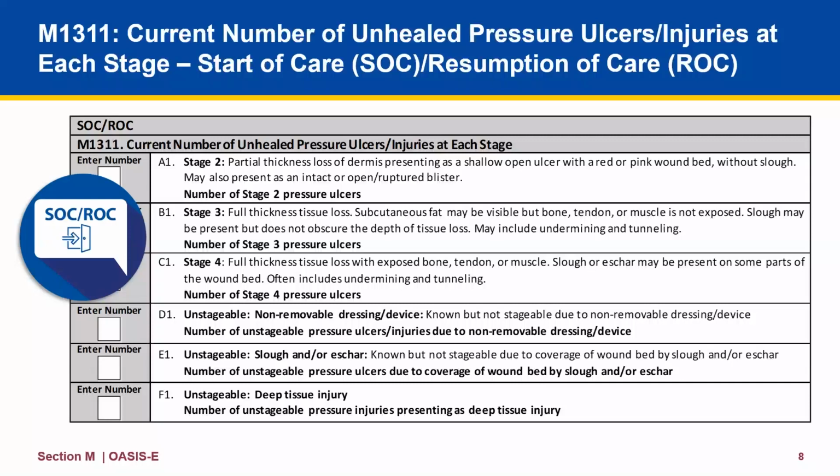This item is assessed at start of care, resumption, and discharge from the agency. Again, this is a snapshot of this assessment. It's important to read the descriptors for A through F carefully. Enter the current number of unhealed pressure ulcers or injuries at each stage in the box to the left.